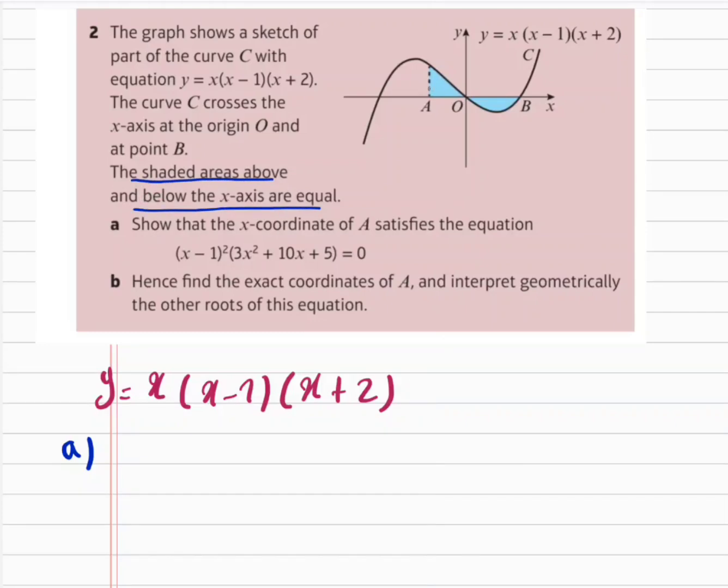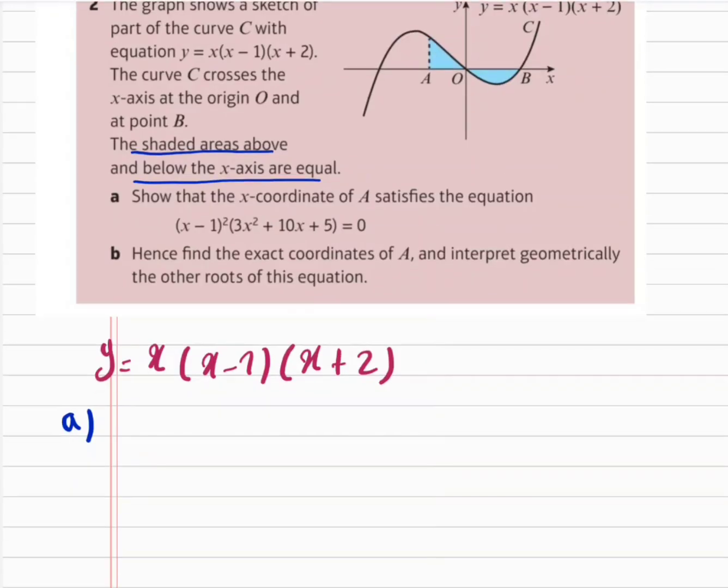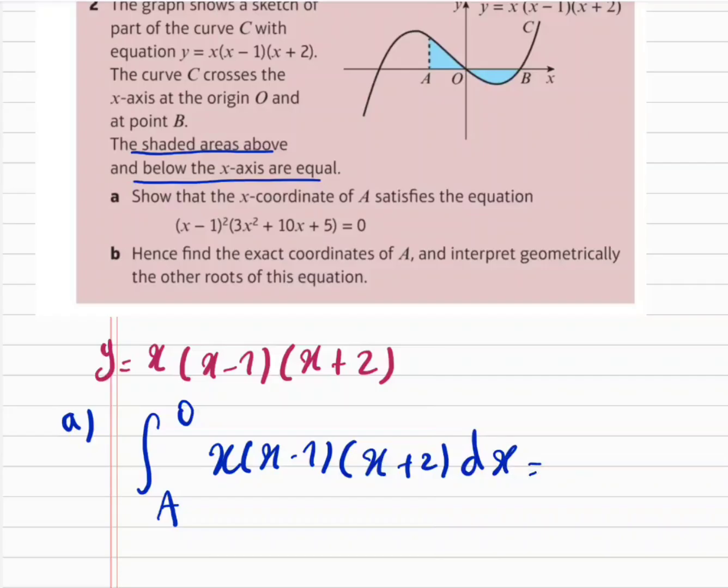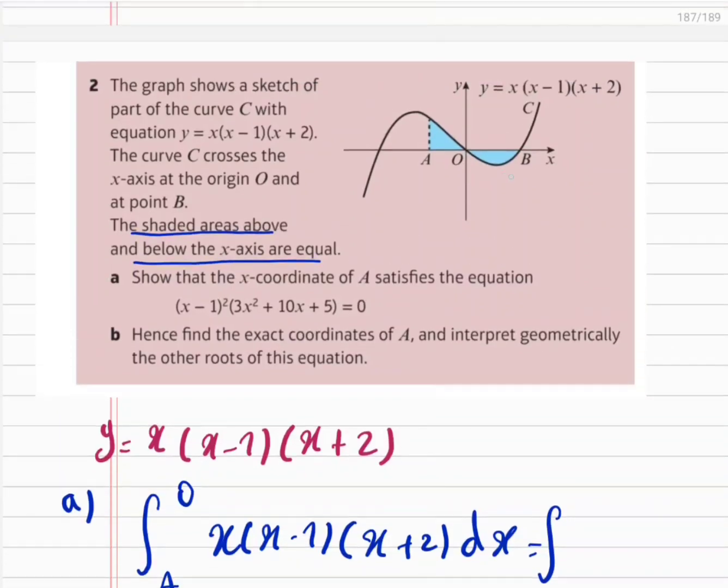The shaded area of this left region is simply equal to the integral between a, which we don't know, as the lower limit, and 0, of the function itself, x times (x minus 1) times (x plus 2) dx. As the question says, it is equal to the area of the other region, which is between 0 and the coordinate of b.